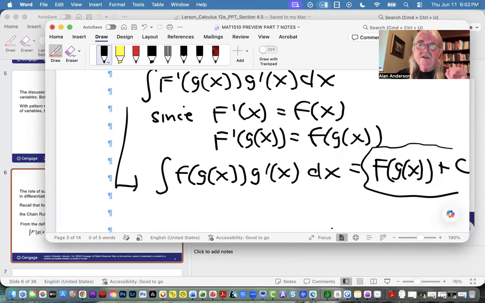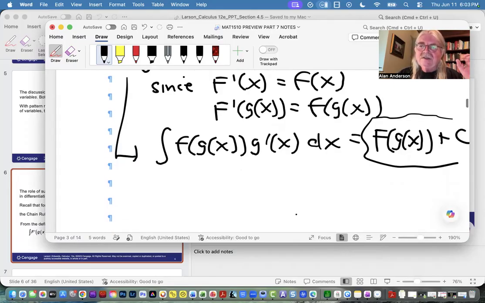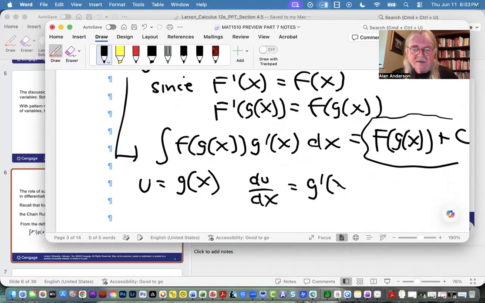So now integration by substitution, when you apply integration by substitution, this is what you're actually doing. Now, the one thing I do want to point out, though, is that the notation here is in terms of f of x and g of x. You may have seen this done in terms of u's and du's and dx's. And so you can write this slightly differently. If you let u be g of x, then du dx is, of course, g prime of x.